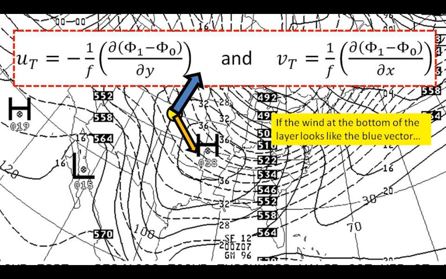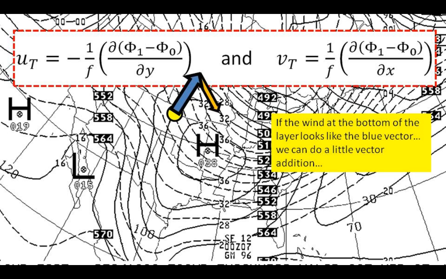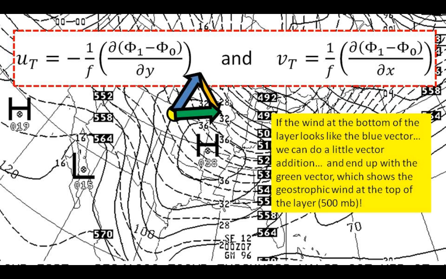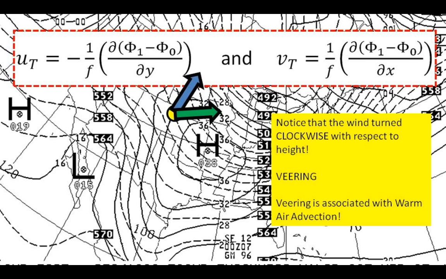Again, it's probably not, but it's probably not a terrible approximation. Once again, if we do our little vector addition trick where we're adding the thermal wind to the wind at the low level, the result will be our wind at the top of the layer, which in this case is 500 millibars. So our green vector there is the 500 millibar geostrophic wind at the top of the layer.